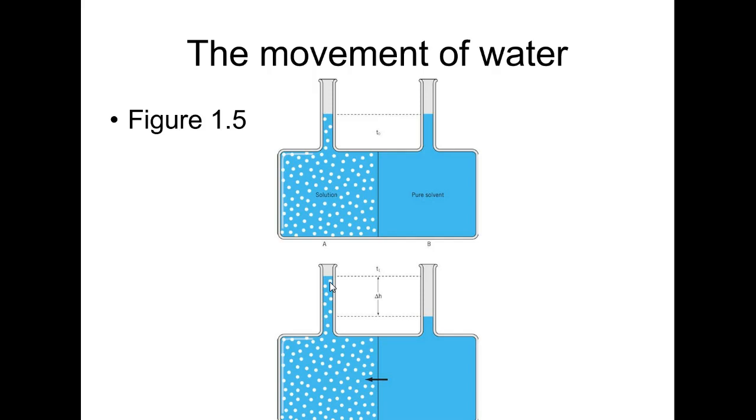So we always have water moving here until the force of gravity limits how far up it can move. And now something that's really important is that every time one water molecule moves in this direction, this force is going to force a water molecule to move back. Okay?